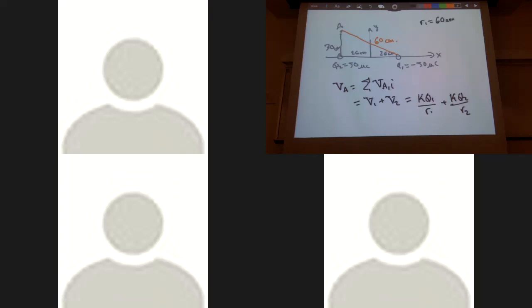That's the distance from this point to this point. R2 is equal to 30 centimeters. So if I plug these values in, the potential at point A is equal to K times the magnitude of Q times 1 over R2 minus 1 over R1, where I'm writing Q as basically the absolute value of Q1, which is equal to the absolute value of Q2, since those two are the same.